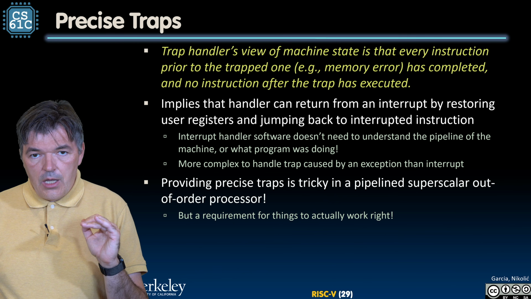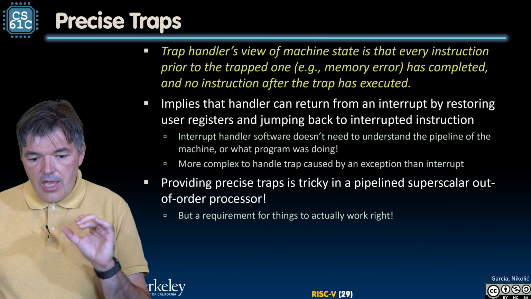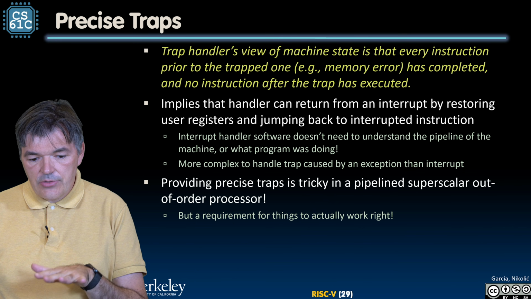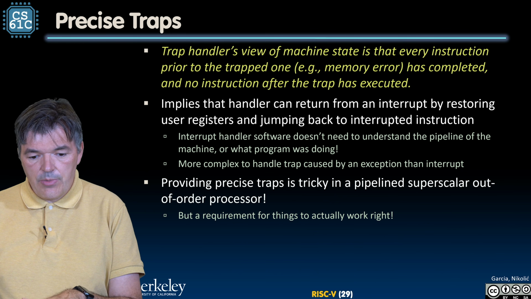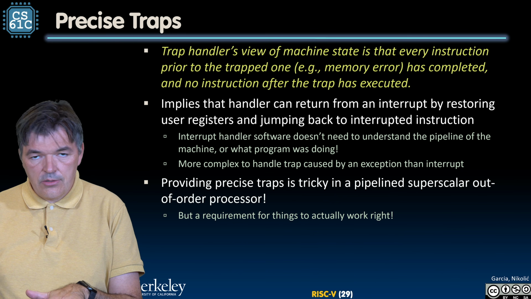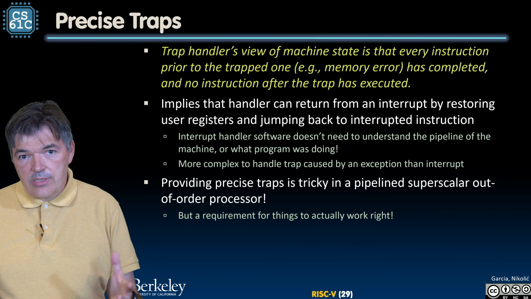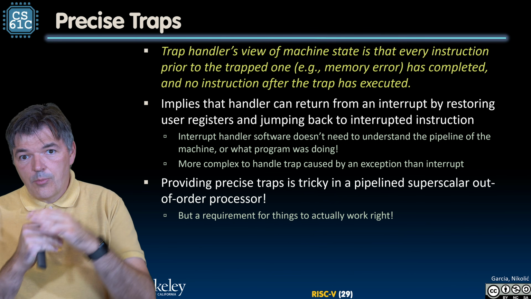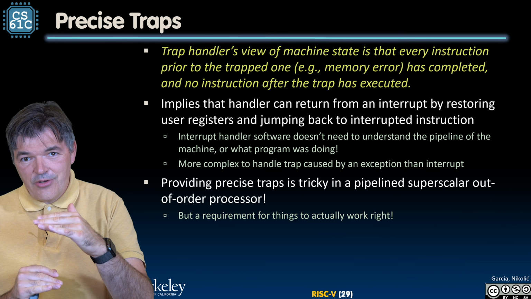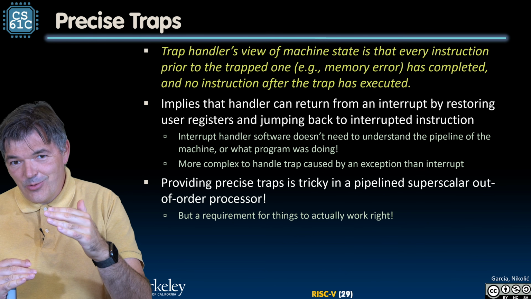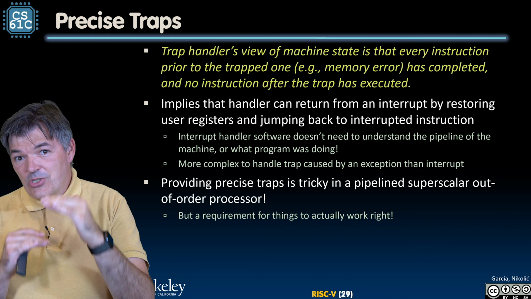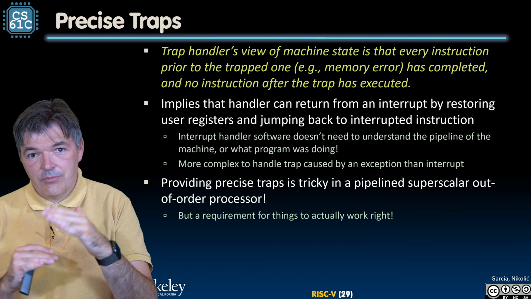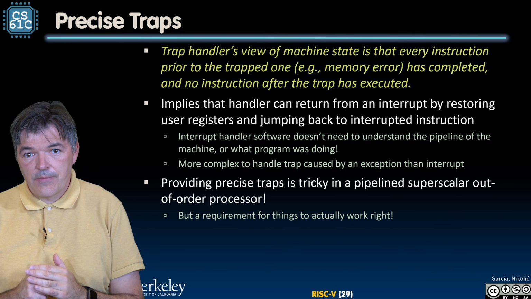In general, the handler can return from an interrupt by restoring user registers and jumping back to the interrupted instruction. What does that mean? Every time we have an interrupt handler, we have to store the complete state of the machine, all the registers, like we do in function calls, but in this case, we generally will save them all, both saved and temporary ones.